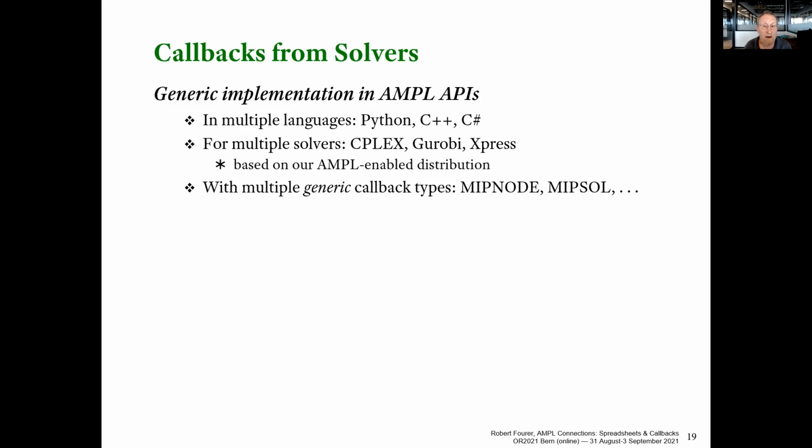Okay? And so we've implemented callbacks for AMPL in the APIs, in the programming language interfaces for AMPL, for Python, C++, and C#. And we've implemented generically for different solvers so that you can easily switch from one solver to another. And similarly, there are various generic callback types.